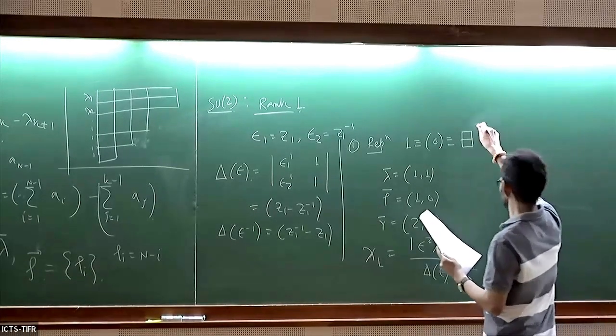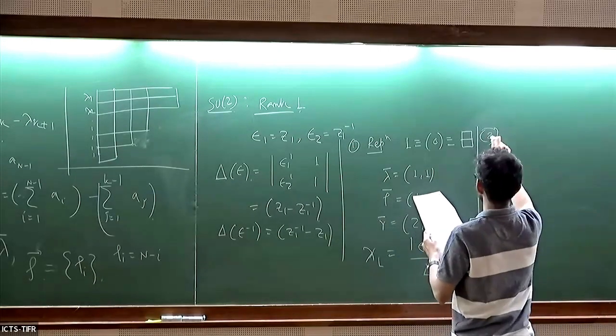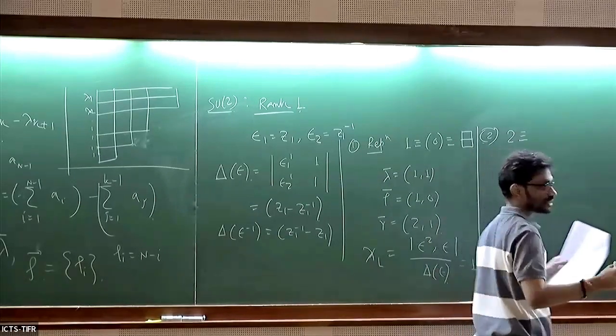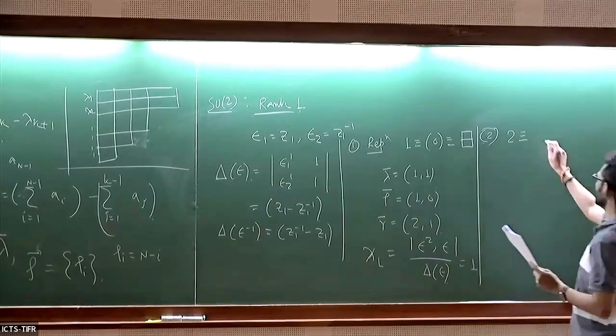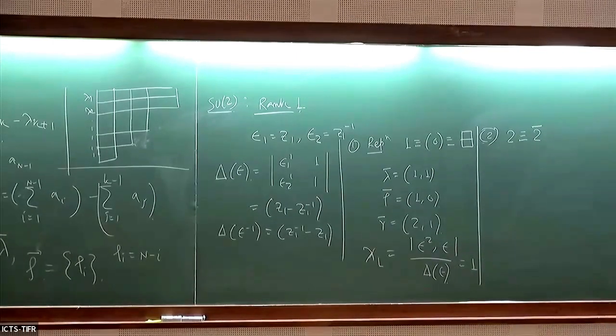So now, let's take another example. So as you know, SU2, what are the representations? Pseudo-real representation, right? So that's why this is the equivalence we have, 2 and 2 bar. I hope you know that 2 bar is not 2 star.